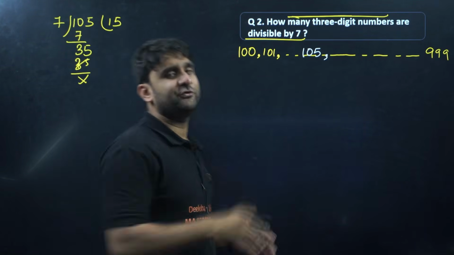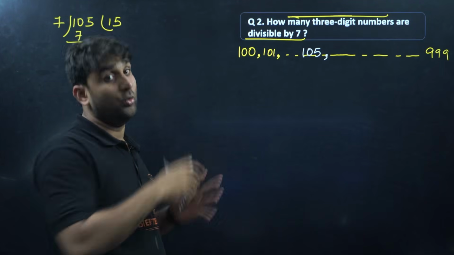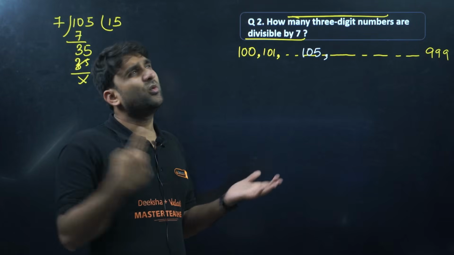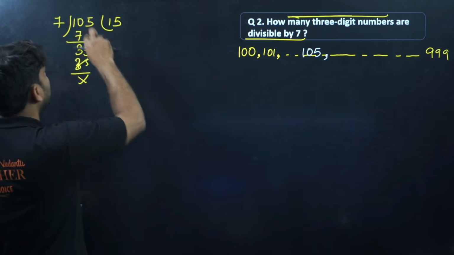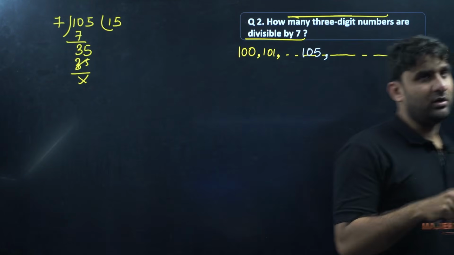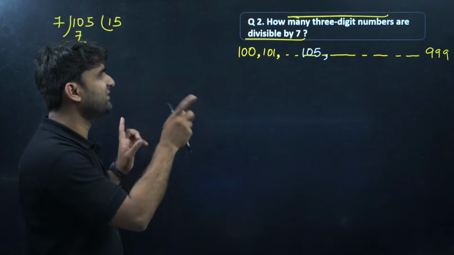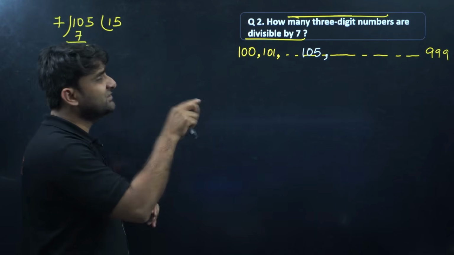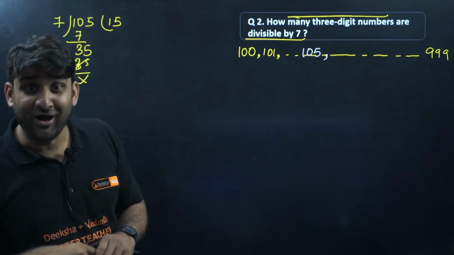Now after 105, let's check. 106, no, can't be divided. 107 can't be divided. 108 can't be divided. 109, 9 is the unit digit, let's check it once. No, can't be divided by 7. 110, no, unit digit is 0. 111 again can't be divided. 112, here 2 is the unit digit, yeah, it can be divided.